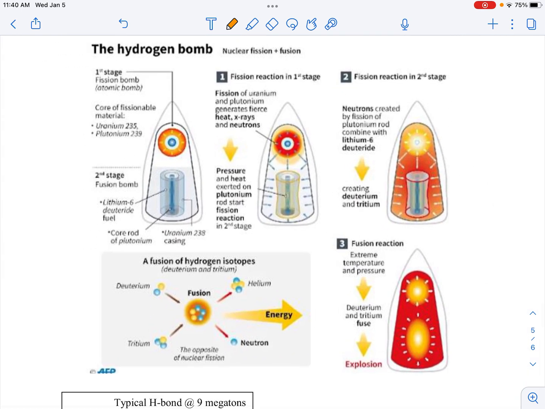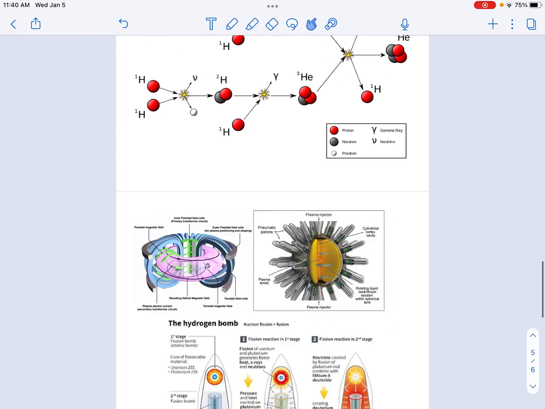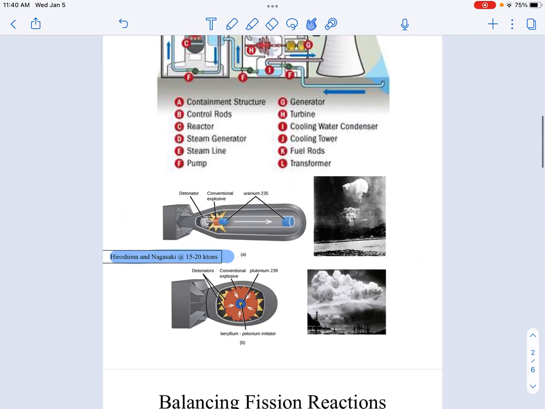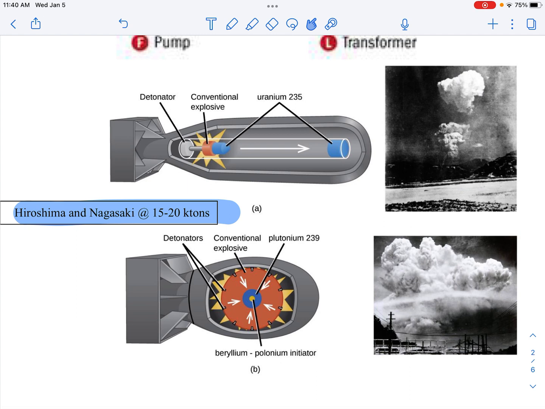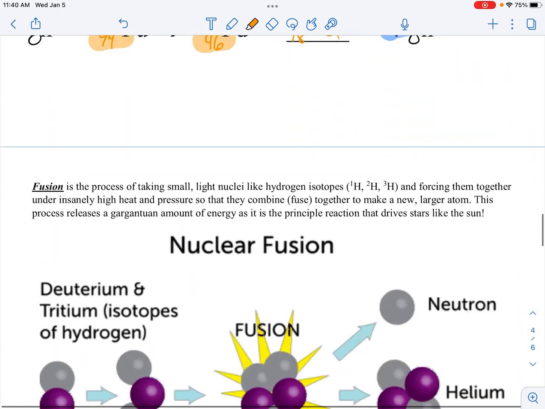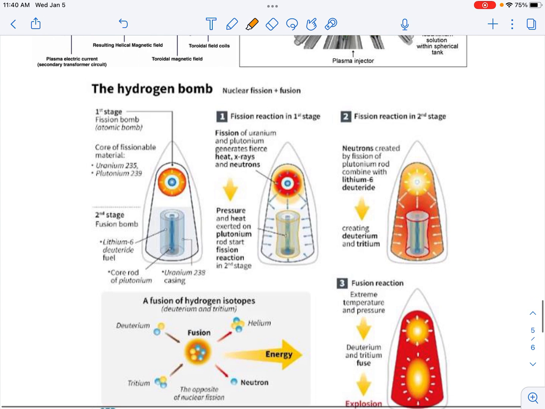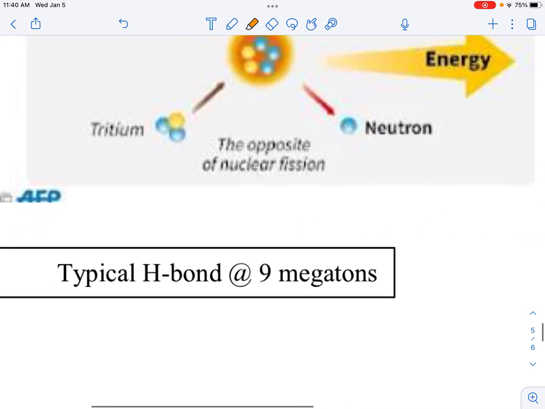And if you thought that an atomic bomb was bad, where in Hiroshima and Nagasaki that would be like lining up and dropping 20,000 tons of TNT on a target, hydrogen bombs are even worse, because a hydrogen bomb has a payload of about 9 or so megatons, which means that's like dropping 9 million tons of TNT on a target.